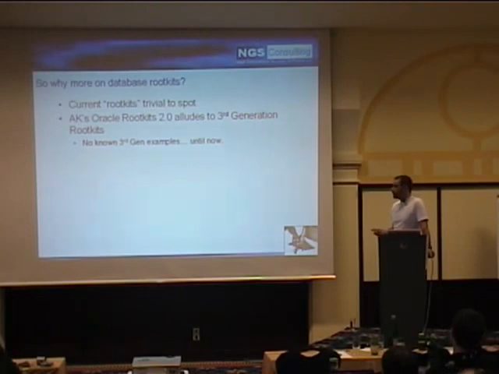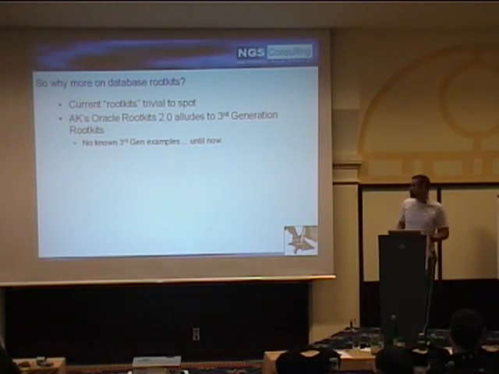What about the next generation of rootkits? In Alexander's talk last year, he alludes to third generation rootkits that modify data and so on to allow access. But his talk didn't really present any third generation rootkits. So today I'm going to present a couple of third-generation rootkits that demonstrate what can be done.